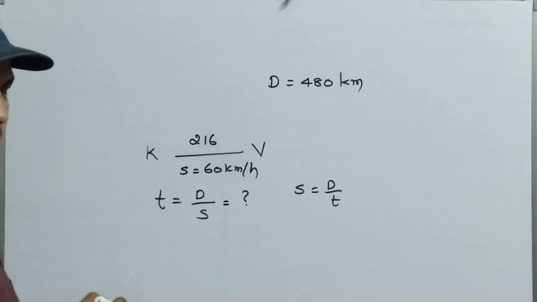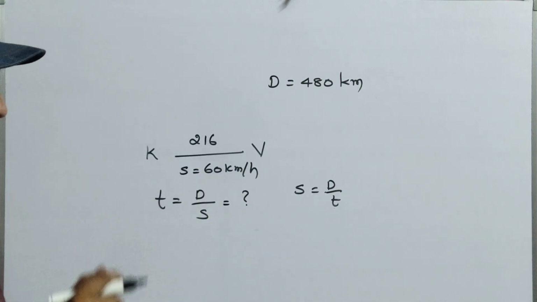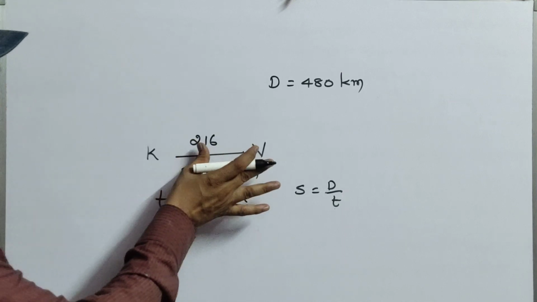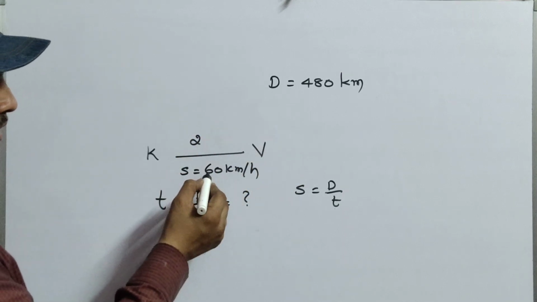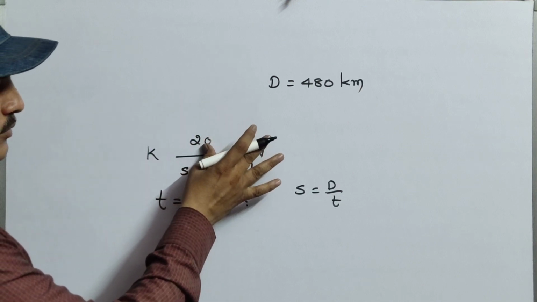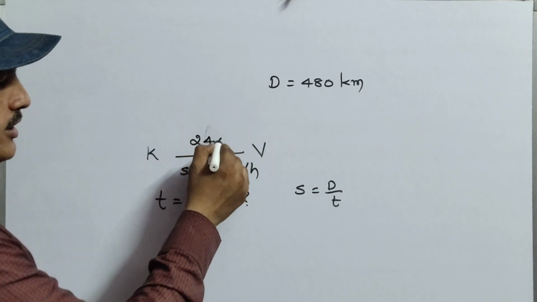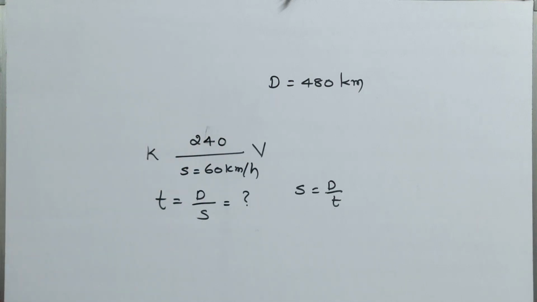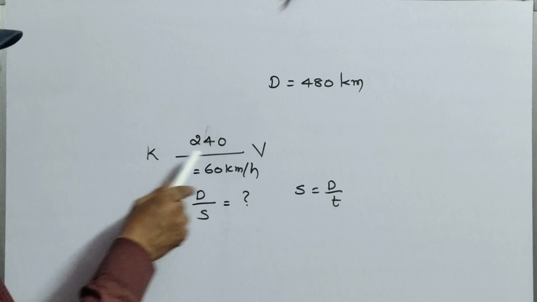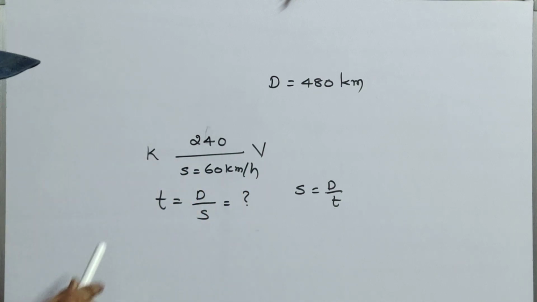Listen very carefully. According to this example I am telling you, I will give you one example here. Better to take 240, it will be understood very nicely. The distance from Kakinada to Vizag is 240 kilometers.